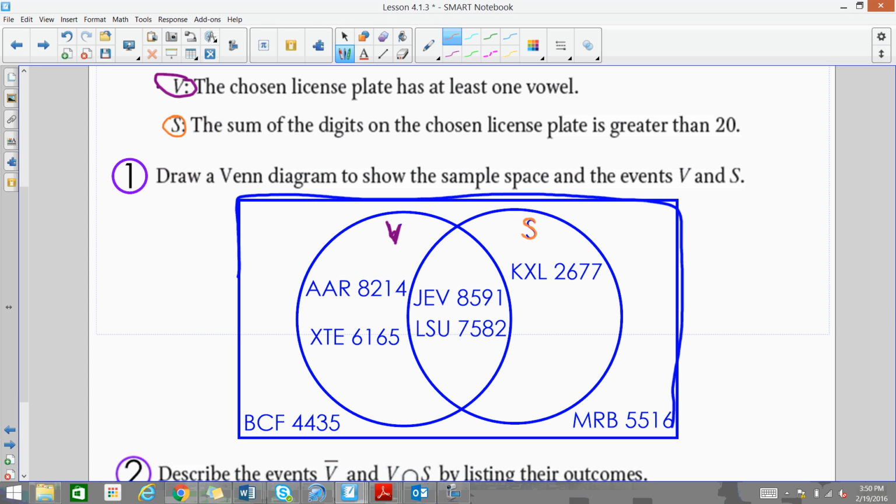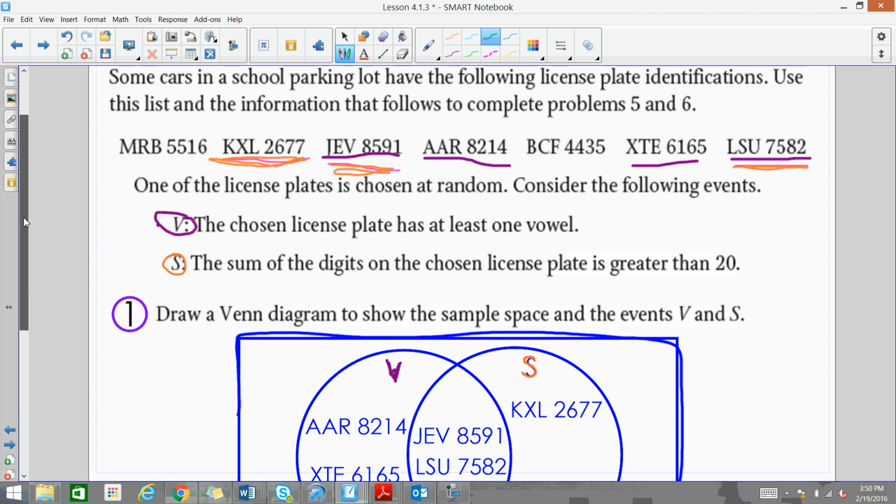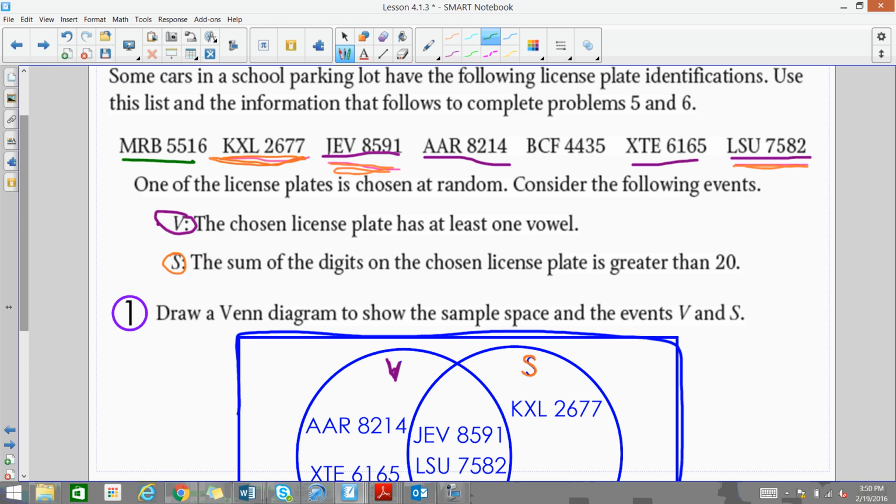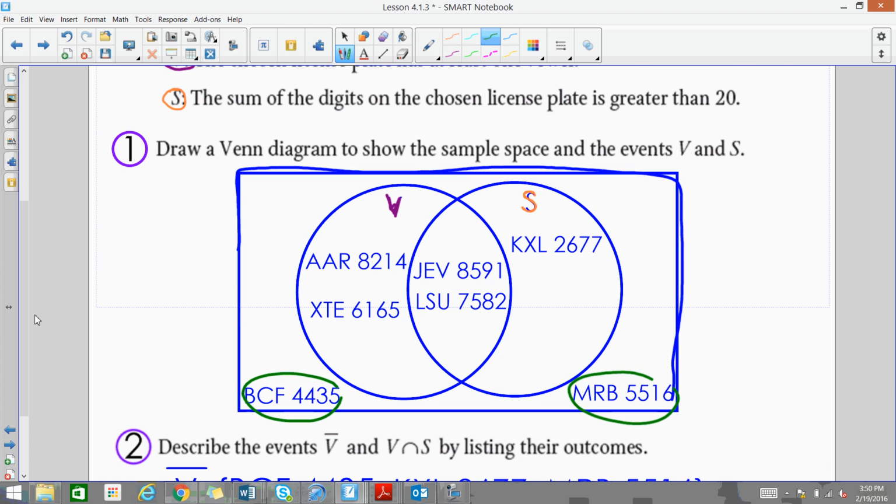I put those that fit just the vowels in the vowel side, those that fit just the sum in the sum side, and those that shared both vowels and sum in the middle, and that's their intersection. Now, any license plate that didn't have anything, for instance this one and this one, if you look back up on the original form, had nothing on it. Because it didn't fit in either of the two events, we still put it in our sample space, on the outside but still within the box, because you need to make sure you have that.